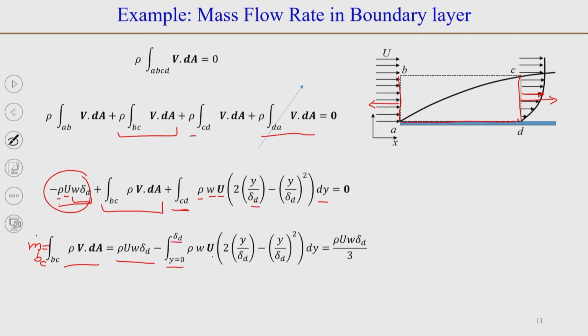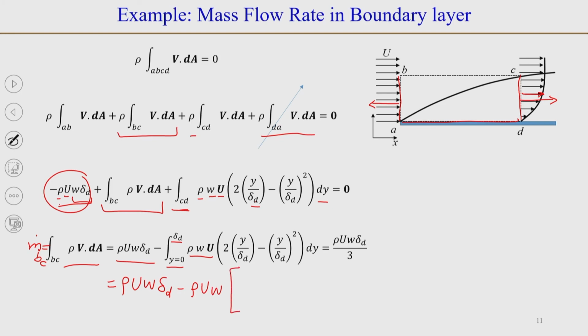Rho, w and u are all constant, so within brackets we have 2y by delta d minus (y by delta d) squared into dy. We can simplify this, and we will get rho u w delta d minus rho u w, and let us integrate.